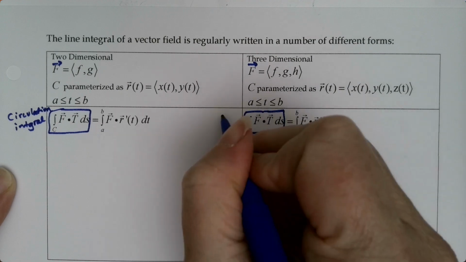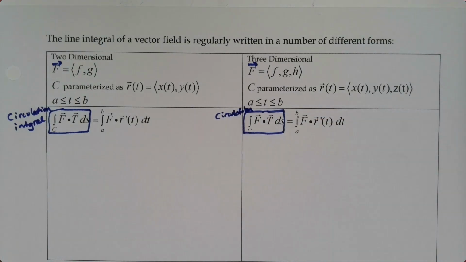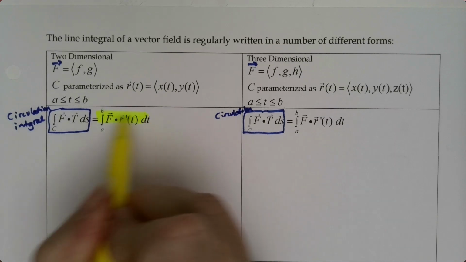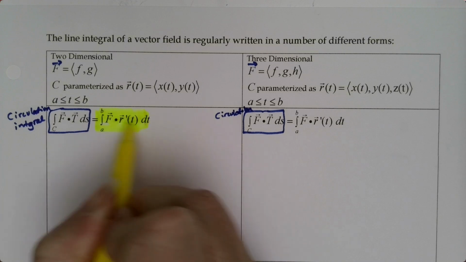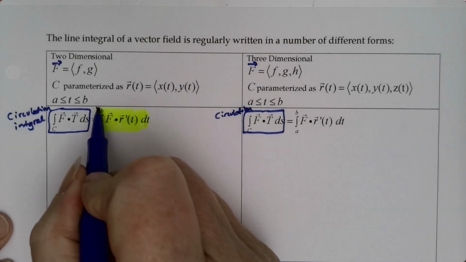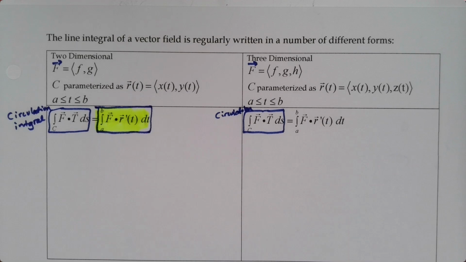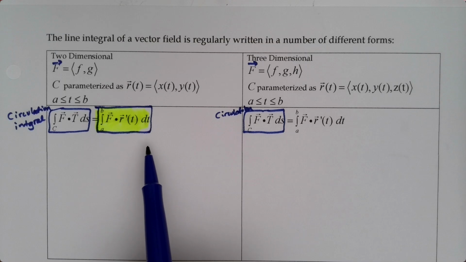Okay, so how can we rewrite this? Well, we just saw what we did on the previous page. That is also equal to the integral from A to B of that vector field dot product with r prime of t, assuming that we have some parameterized curve. So that works. That's another circulation integral. And then you can do that in 3 dimensions as well as 2 dimensions.